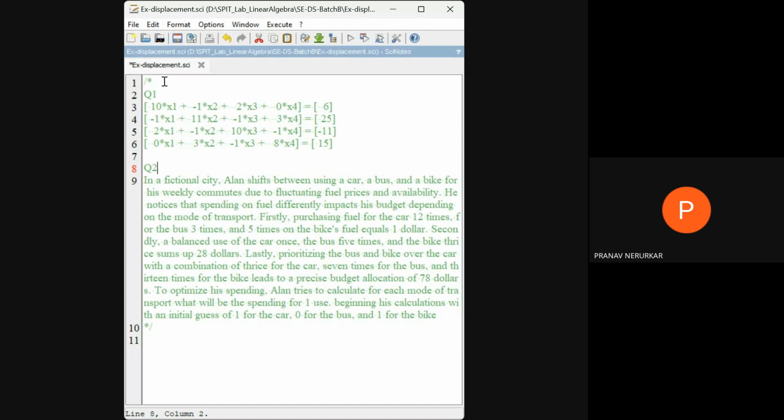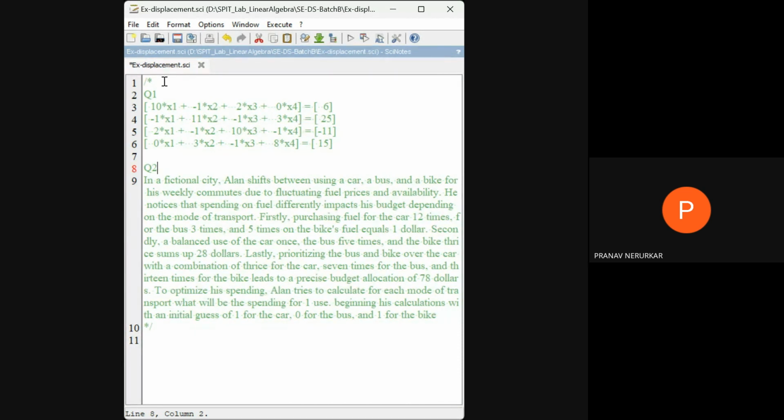Question 1 is that we have 4 linear equations: first, 10x1 minus 1x2 plus 2x3 plus 0x4 is equal to 6. Second, minus 1x1 plus 11x2 minus 1x3 plus 3x4 is equal to 25.